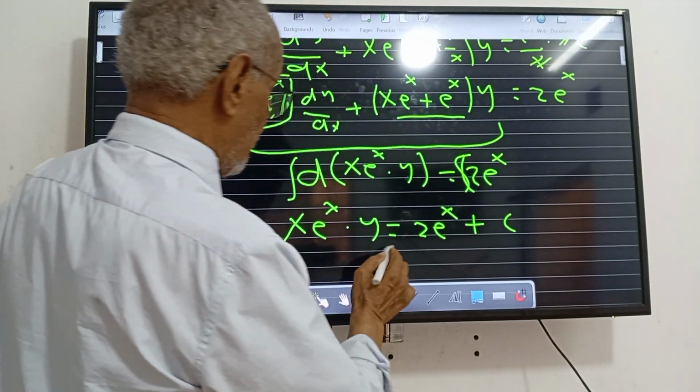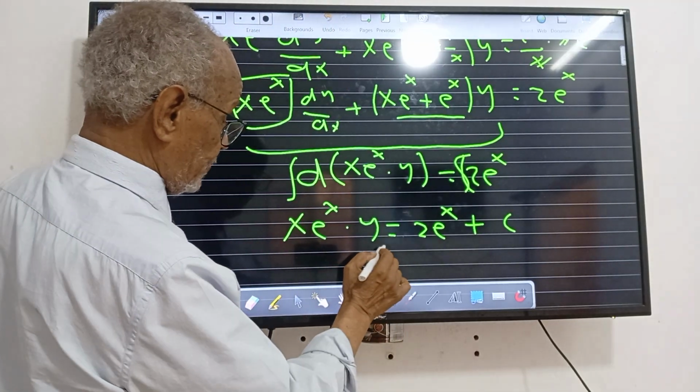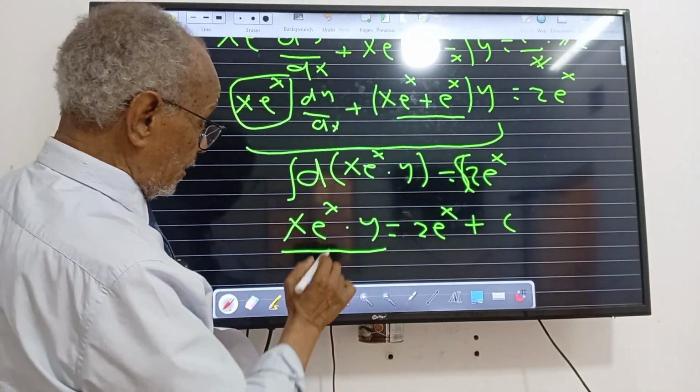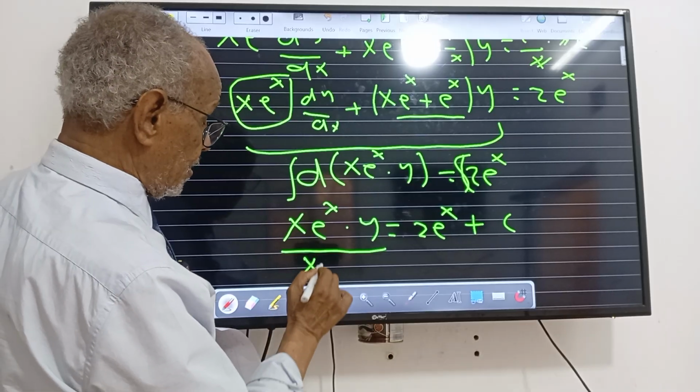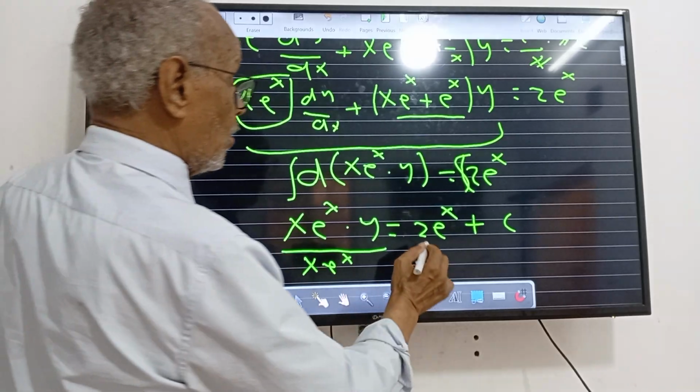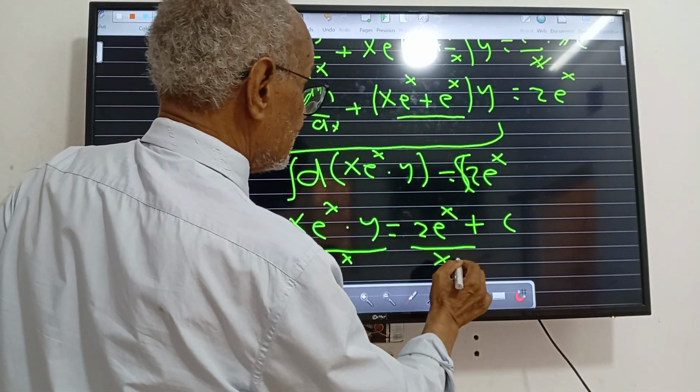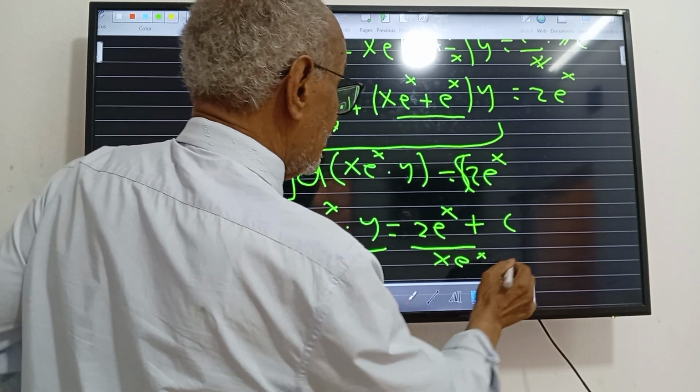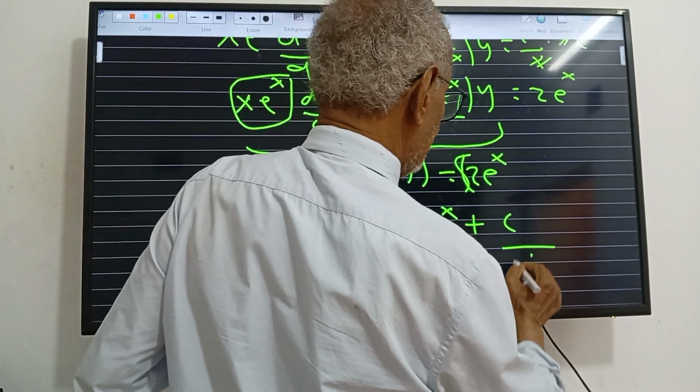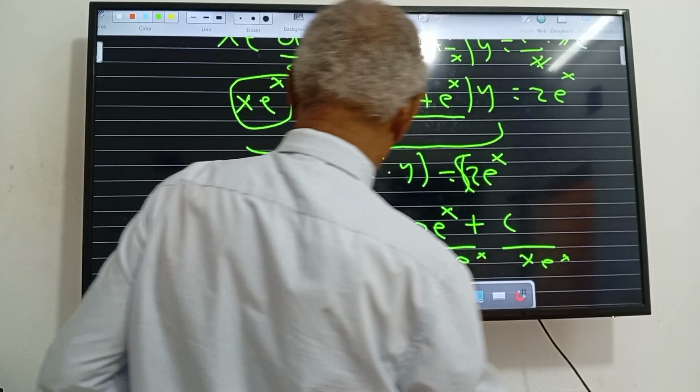In the second step, we divide by x e to the power x. Also here we divide by x e to the power x, and here also divided by x e to the power x.